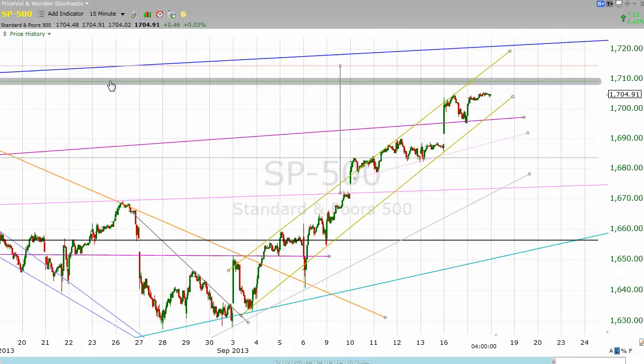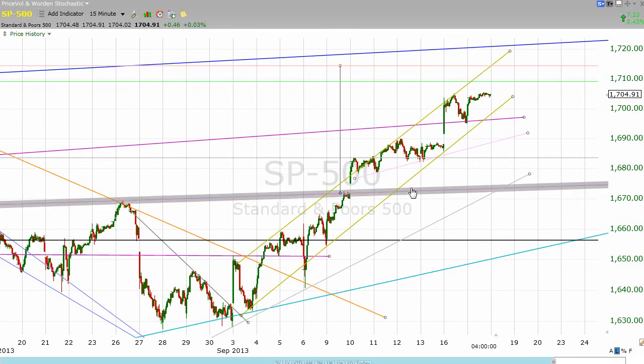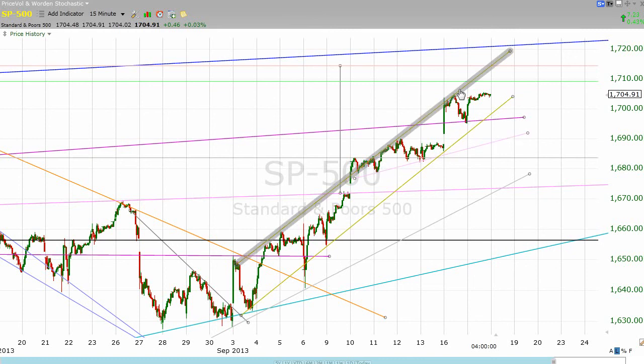But right now, even though we are not in a really well-defined channel, I'm going to leave these channel lines up here because we've got a couple touches on the bottom and some touches on the top. The problem is we have some outlying action as well.